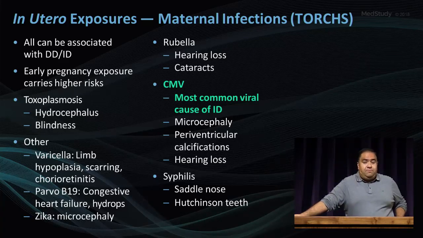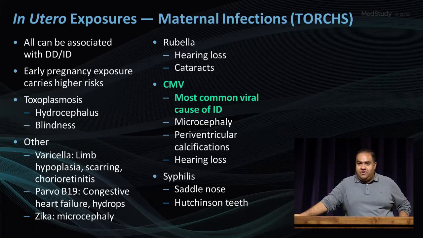Now, the other thing I want you to put a big star next to for all the TORCHes is that these all cause direct hyperbilirubinemia. When we talk about jaundice, we will talk about indirect and we'll talk about direct. The most common cause of direct hyperbilirubinemia is TORCH infection. The most common cause of direct hyperbilirubinemia is infection, infection, infection.